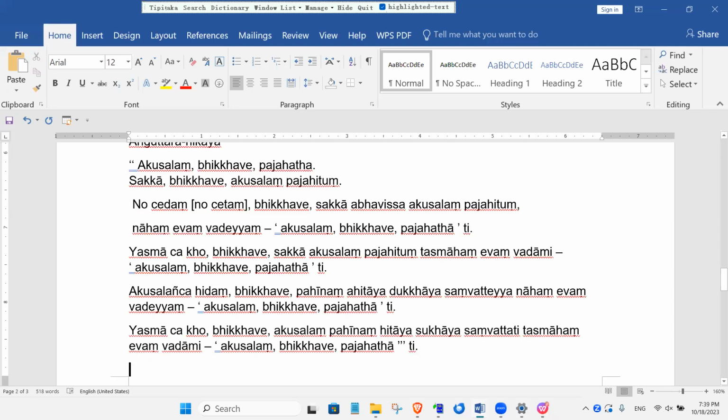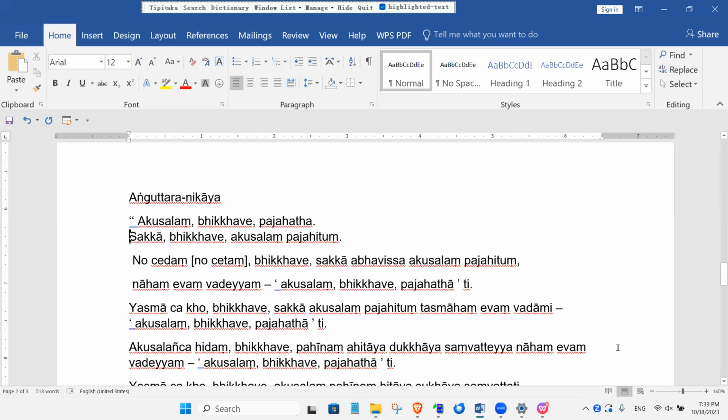Okay, after you break it, the sentences are already very short. For Anguttara Nikaya, today you learn this one, pajahatha, pajahati. What is pajahati? Abandon.